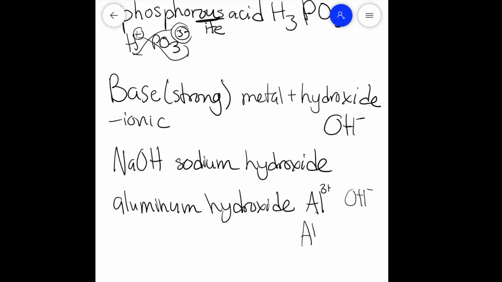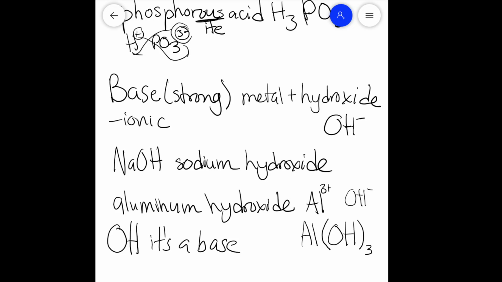So you do Al, and then you need the parentheses when you put the subscript if it's a polyatomic ion. Because if you don't, then that just looks like you have 3 hydrogens, but you don't. You have 3 hydroxides. So those parentheses are very important when you're doing a polyatomic ion that needs a subscript. And the way to remember it's a base, if you're trying to figure it out, is the OH ending.